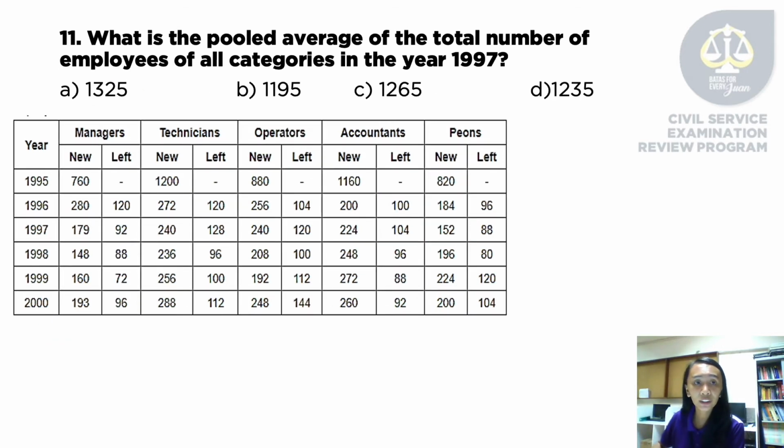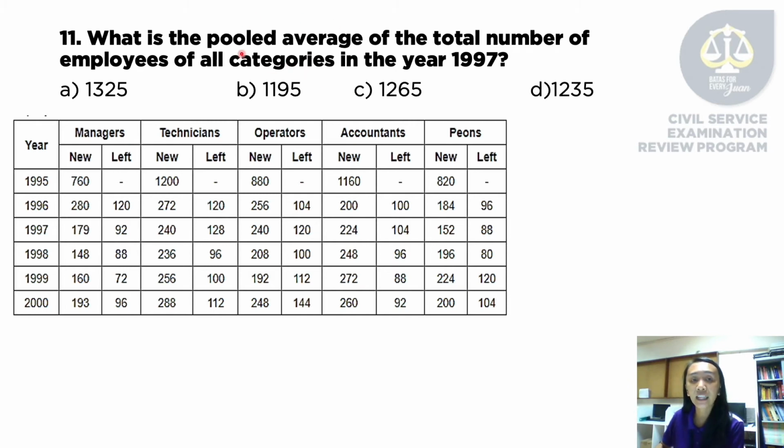Okay, so next question. What is the pooled average of the total number of employees of all categories in the year 1997? Okay, so we need to examine the question first. Ang unang-una nating mapapansin ay ang hinahanap po niya ay pooled average. So, ibig sabihin, this is the grand mean.